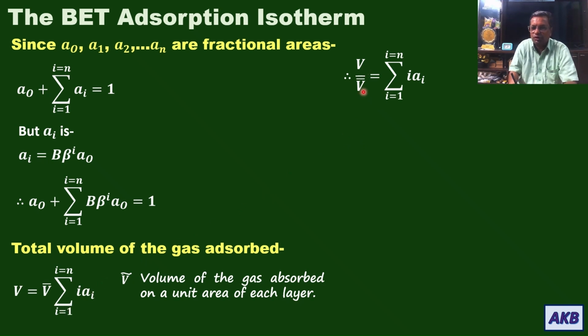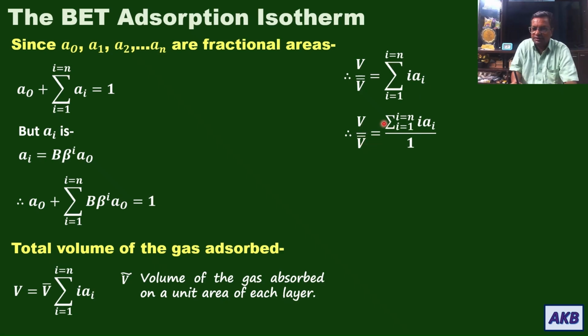So this is V upon V bar is equal to summation of I into AI when I goes from 1 to N. I will just put it in a different form.